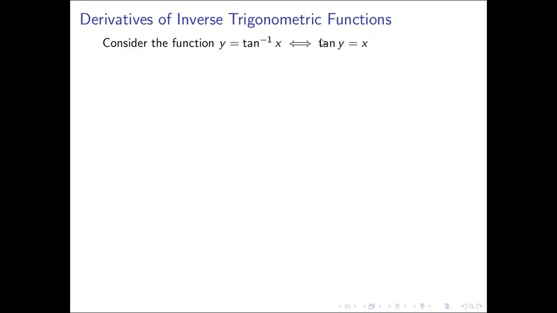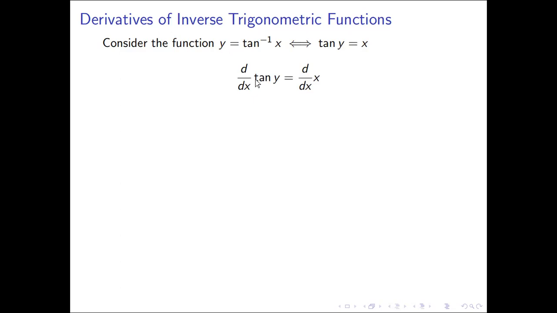So we differentiate this with respect to x. That means we need implicit differentiation. We differentiate the left-hand side, and then we differentiate the right-hand side with respect to x. Now, obviously, the right-hand side is just 1. The derivative of x with respect to x is 1.